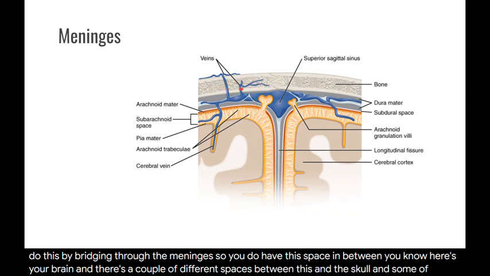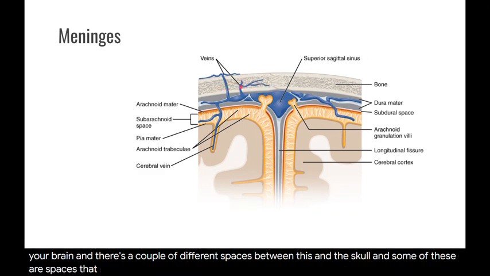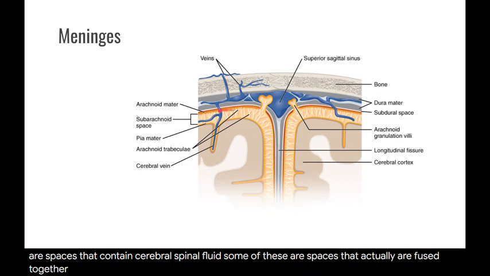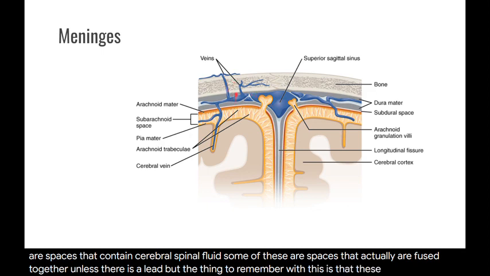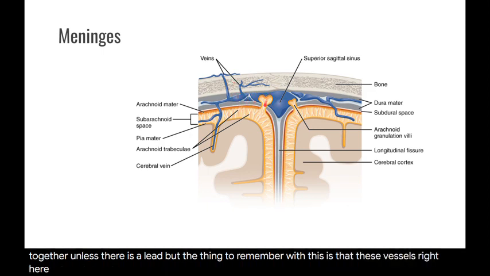Some of these are spaces that contain cerebral spinal fluid. Some of these are spaces that actually are fused together unless there is a bleed. But the thing to remember with this is that these vessels right here can also shear.